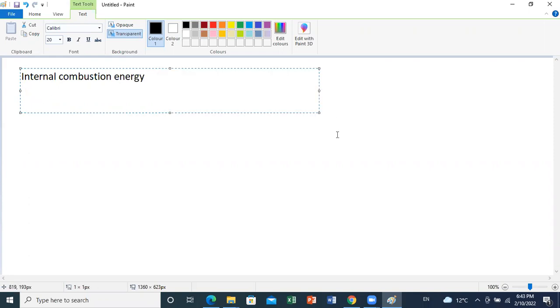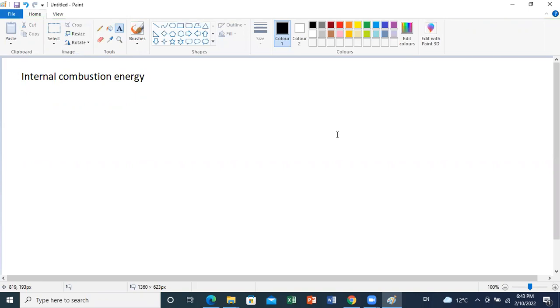So first we'll have energy transformed from which type of energy to which type? When we talk about combustion and the combustion process, what do we have first? From chemical to thermal. Yes, very good. So the first transformation here is from chemical energy.